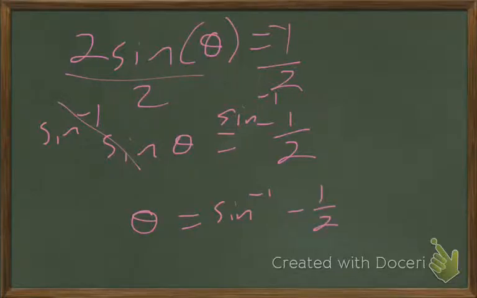We look at our chart. Sine inverse of negative 1/2 ends up being negative pi over 6. Okay, so there is part A.